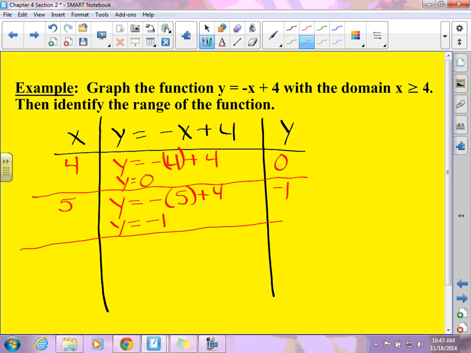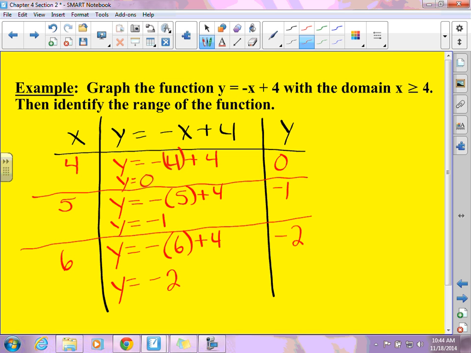Sure, I'm going to choose 6. Right? I only need 3. Do I have to choose 5 and 6? No, I could have chosen other numbers. What about 4? Should I have chosen 4? Yes, you need to start with 4 because that's where you blast off from. That's where you start this whole thing from.